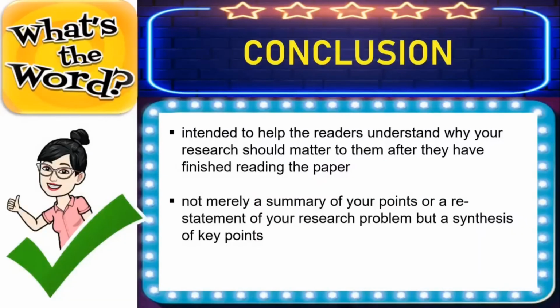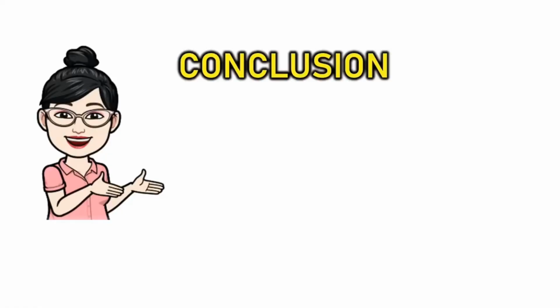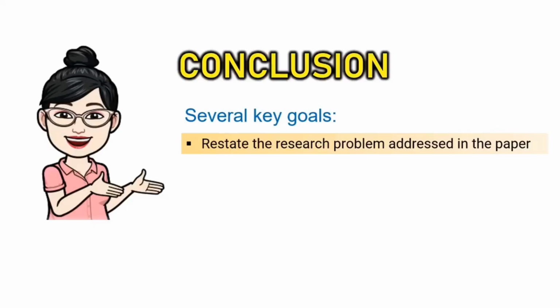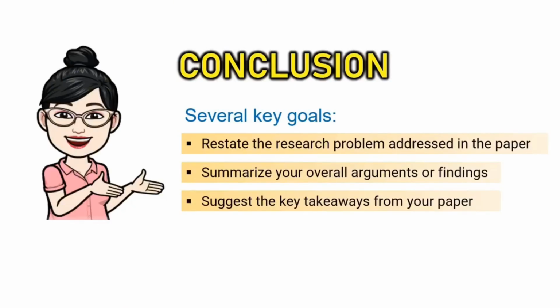This is the conclusion. Conclusion is where you wrap up your ideas and leave the reader with a strong final impression. Conclusion has several key goals. Restate the research problem addressed in the paper. Summarize your overall arguments or findings. And suggest the key takeaways from your paper.